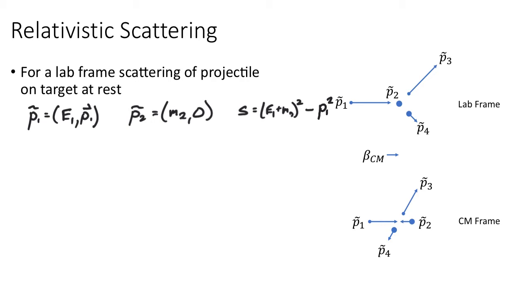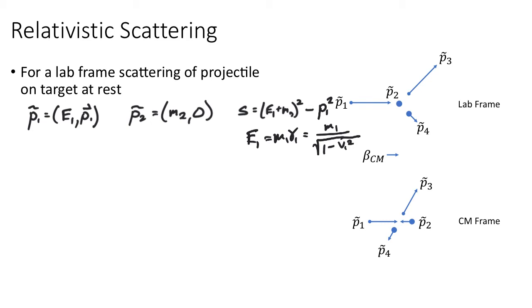You should remember that in this case the E1 there is M1 times the gamma factor for that particle moving, and so that contains its velocity, or the way it's often written, M1 over the square root of 1 minus V1 squared, and you should remember that's V1 over C squared.